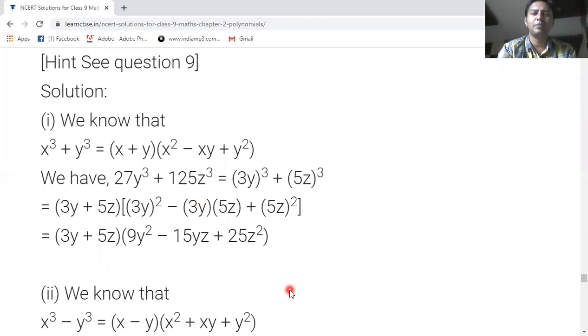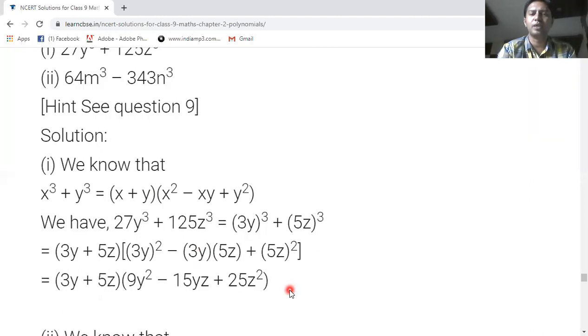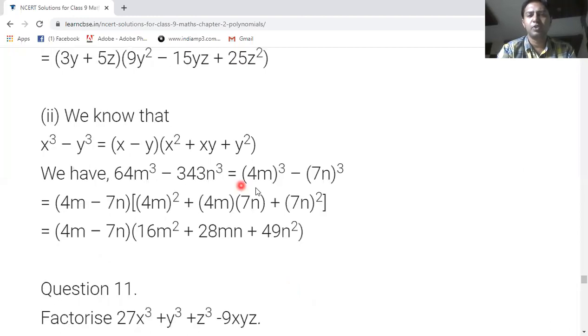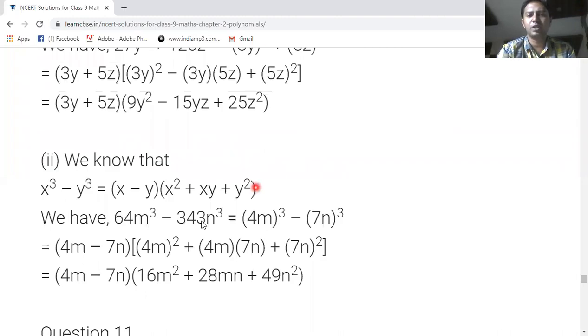Now the second part says 64m cube minus 343n cube. So 64 is the perfect cube of 4, whereas 343 is the perfect cube of 7. We need to factorize it. It will be (4m) cube minus (7n) cube.